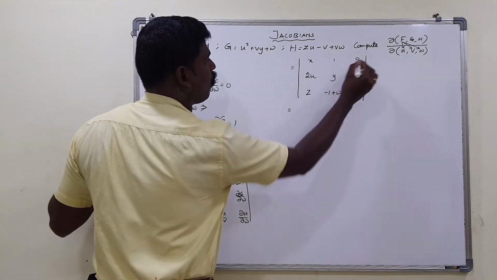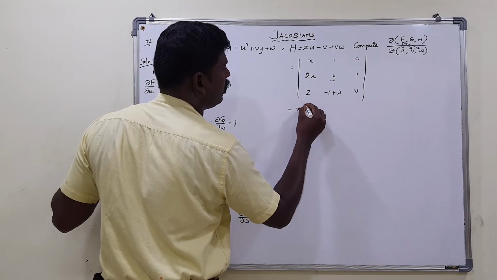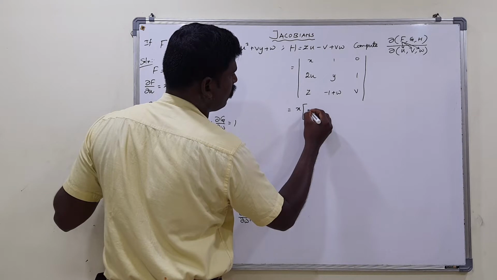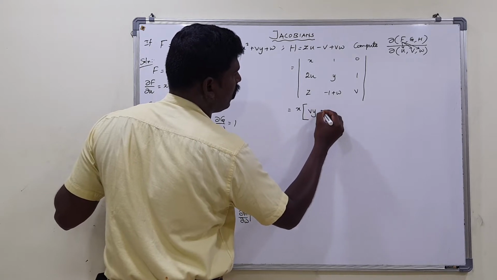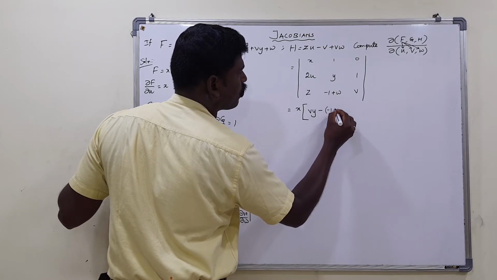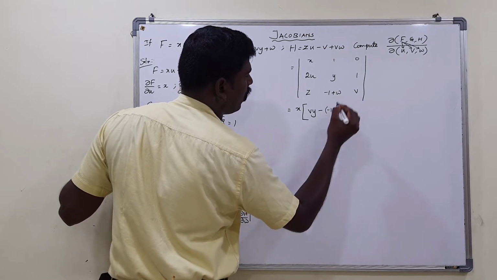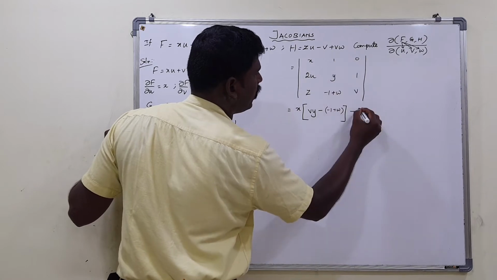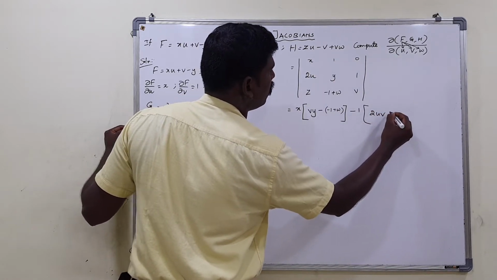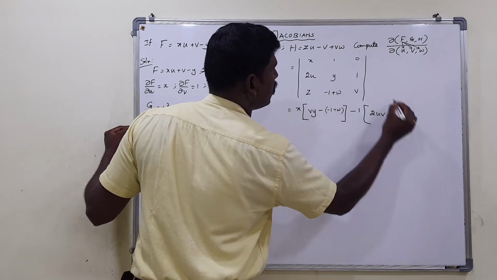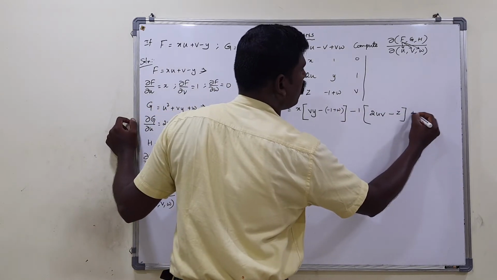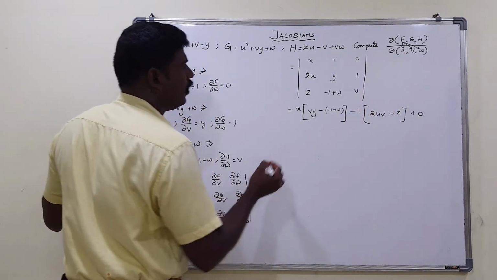Expand through R1. So X into the product between these two: VY minus 1 into minus 1 plus W. Then minus 1 into the product between these two: 2UV minus 1 into Z. The third term becomes 0, no need to find that.